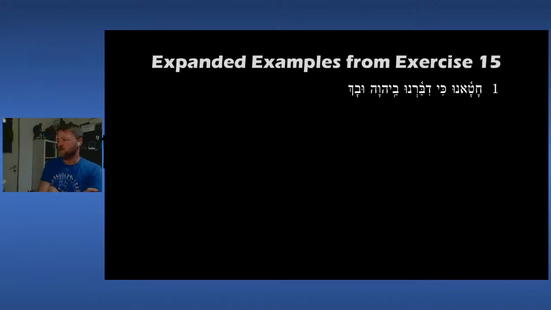This is from exercise 15, from the book. Okay, number 1 in exercise 15 says, Chatanu ki dibarnu ba'Adonai uvach. So chatanu is Qal, we have sinned, or we've made a mistake. Because ki dibarnu, this is Piel, we have spoken, or we spoke.